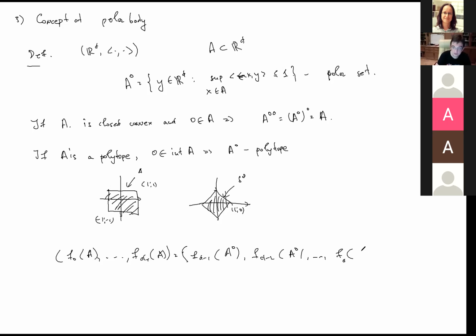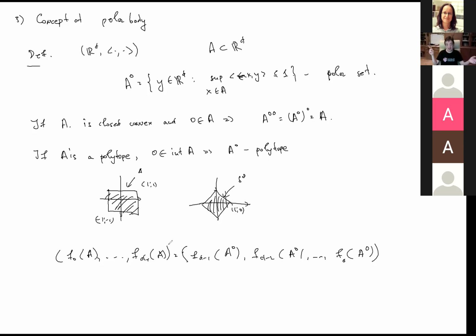F0 of a polar. So there is a duality, there is a one-to-one correspondence between k-dimensional faces of A and d minus k-dimensional faces of a polar.